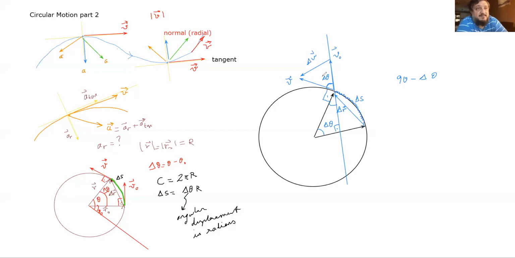So what you have here is actually two triangles which are similar.